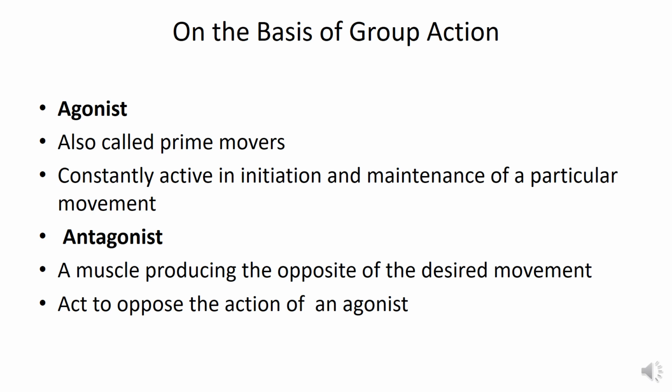Now, when the prime mover initiates a movement, the antagonist also contracts. They help to steady the movement by slowly relaxing as the agonist contracts. Thus, the antagonists actively cooperate with the agonists rather than oppose them, but they produce the opposite movement.